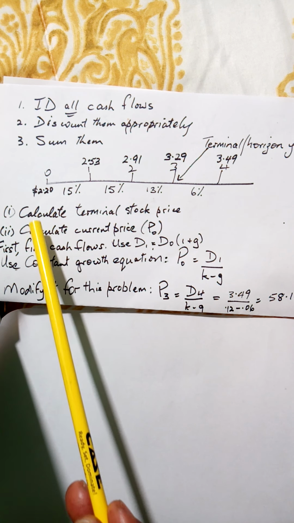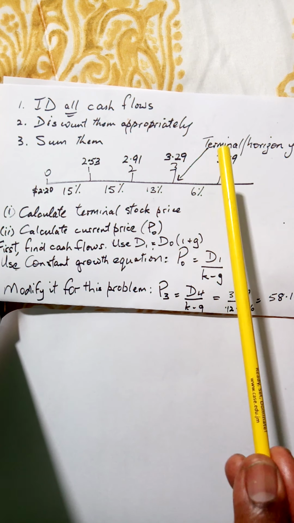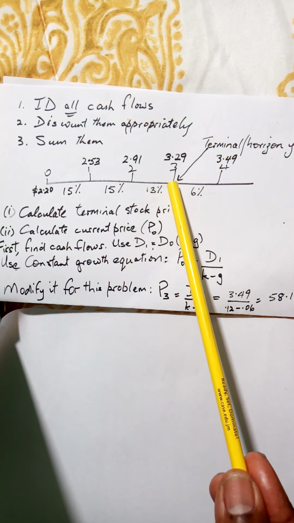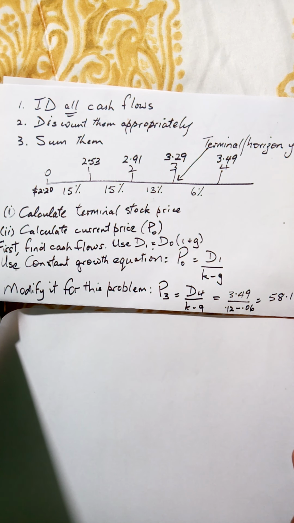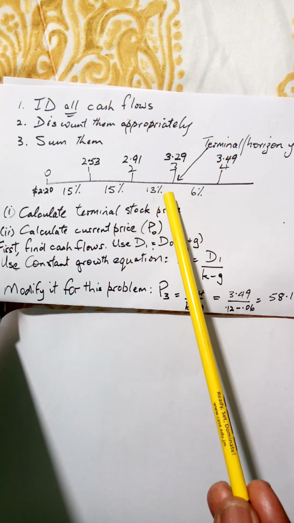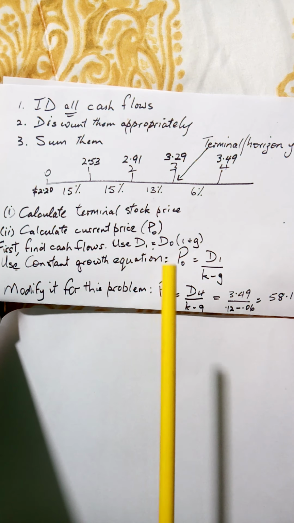Now, the first question is to calculate the terminal stock price. You'll notice this arrow pointing to year 3 as our terminal or horizon year. So year 3 is a very special year. Why?